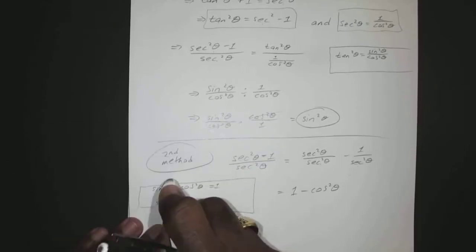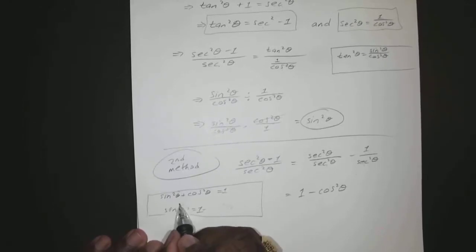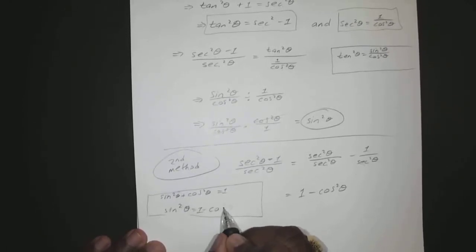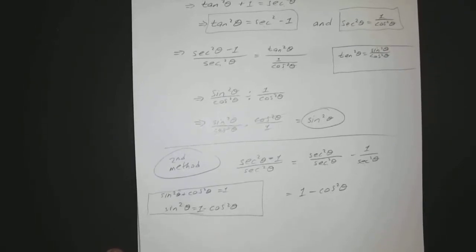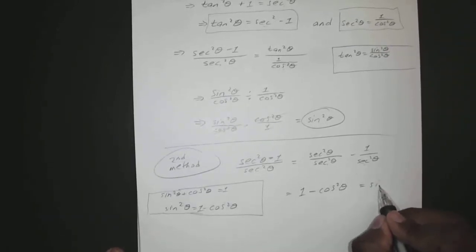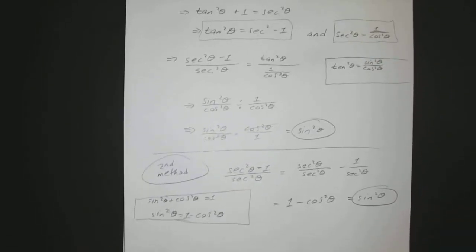It's a little bit messy looking. So sine squared of theta equals 1 minus cosine squared of theta, so this just becomes sine squared theta. There's always more than one way to get the answer. Well, not always, but usually. All right, any questions on that one?